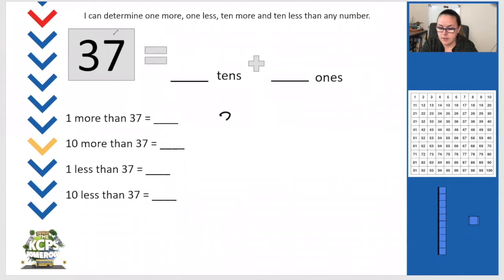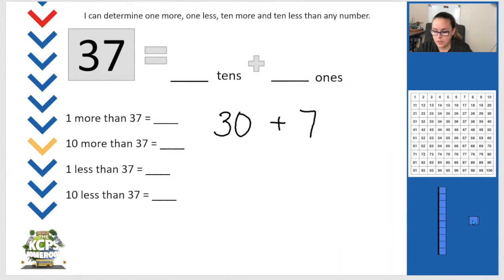I said 30 and 7. That makes 37, right? So remember that when we're talking about the number 30, that's the number of tens that we will see in that number. But how do we take base 10 blocks and model 30 plus 7?